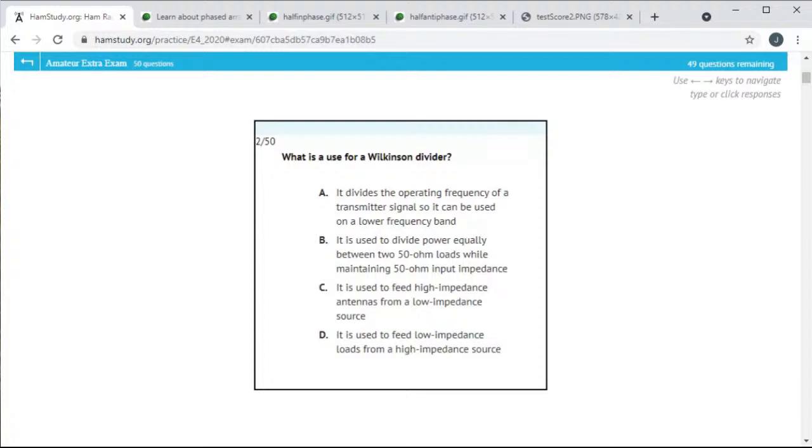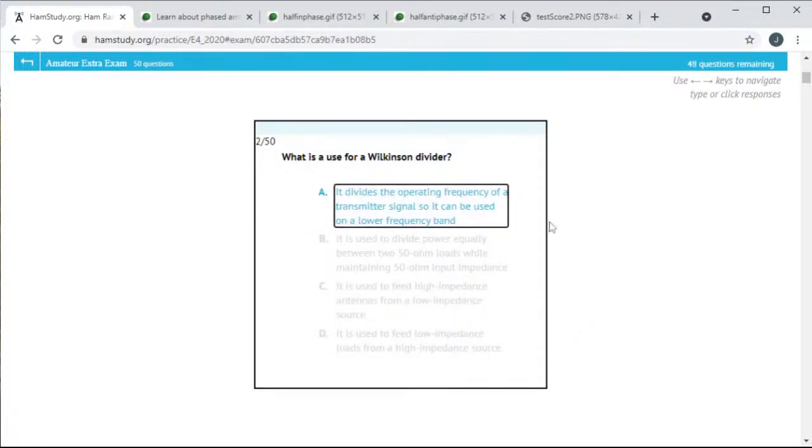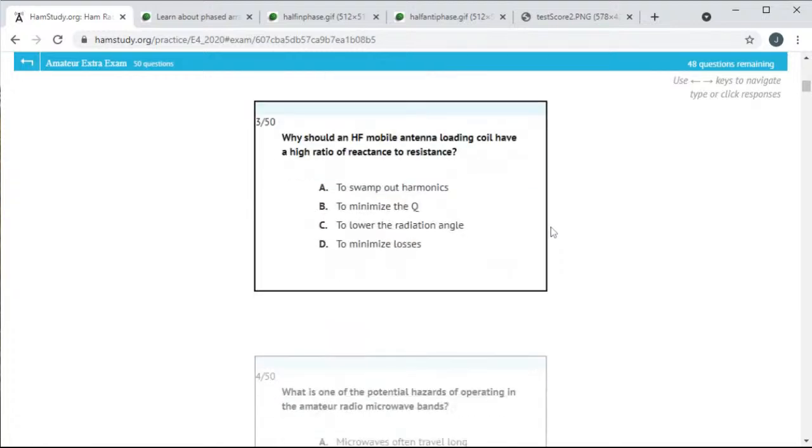C, it is used to feed high impedance antennas from a low impedance source. D, it's used to feed low impedance loads from a high impedance source. I have no clue. I don't know. I'm just going to guess A. I have a feeling I'm going to be doing really bad this week.